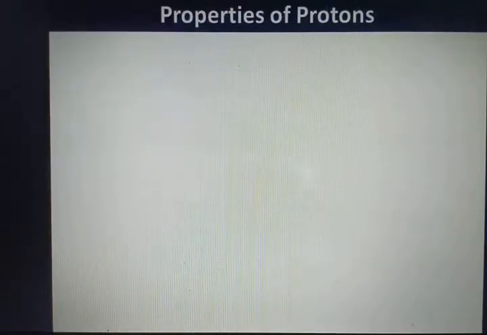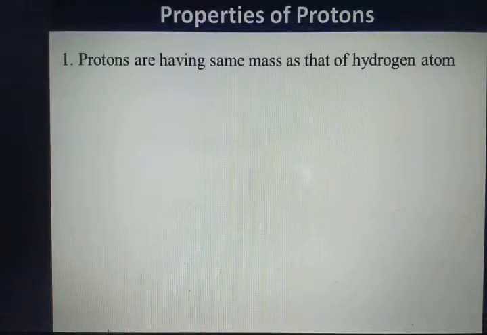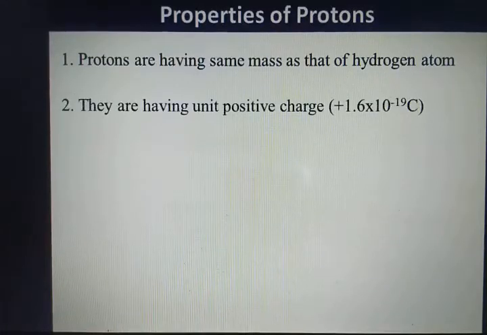The next is properties of protons. They have the same mass as that of a hydrogen atom, because as we know, a hydrogen atom has 1 electron and 1 proton and no neutron. Electrons are the lightest, so the maximum mass is basically due to the proton. Protons have unit positive charge.